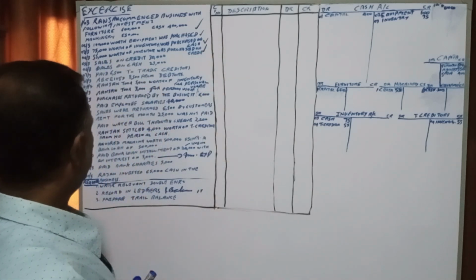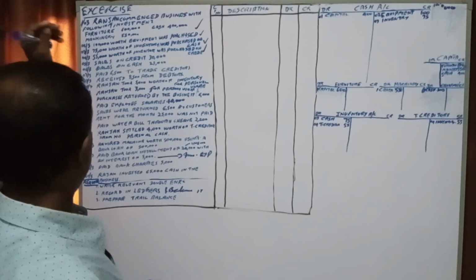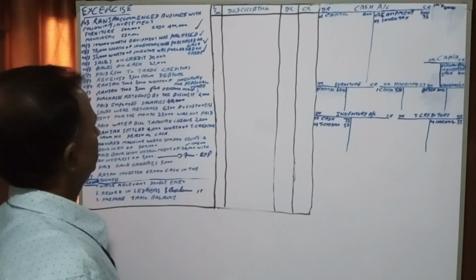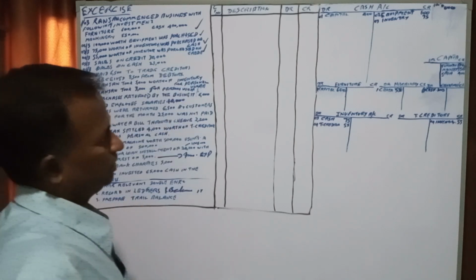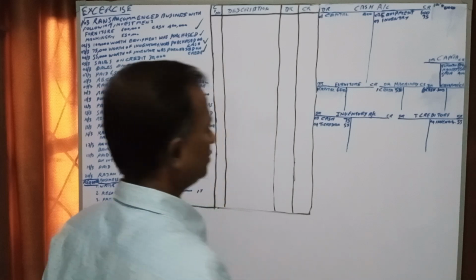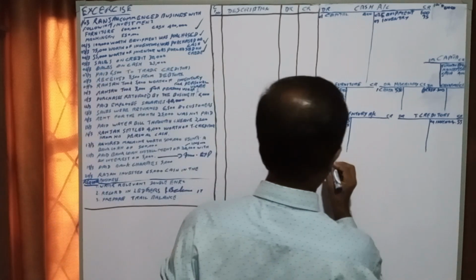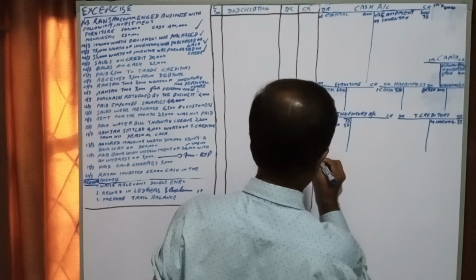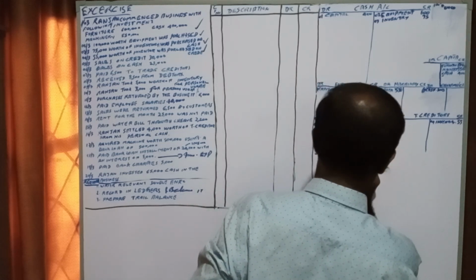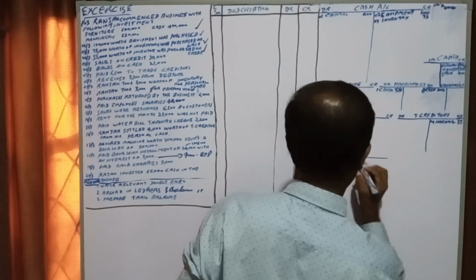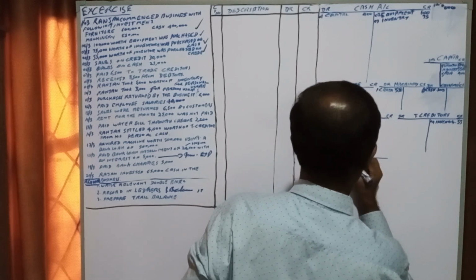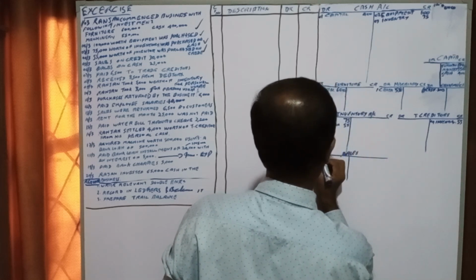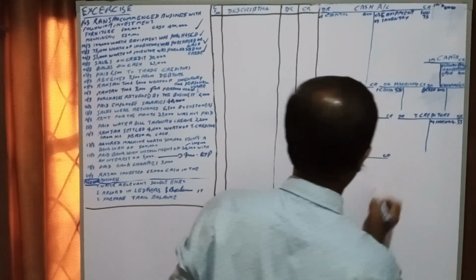Now we move on to 5th of March. Sales on credit for 30,000. Shall we open a sales account here? Okay, here is the sales. Here is debit, here is credit.